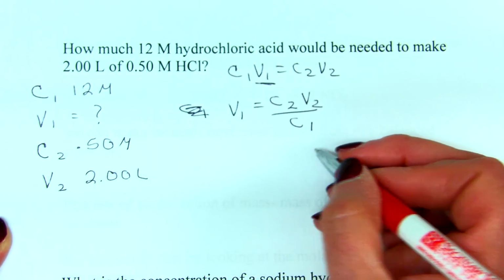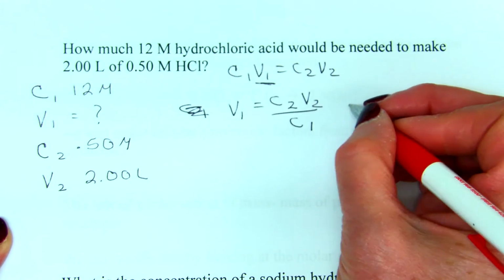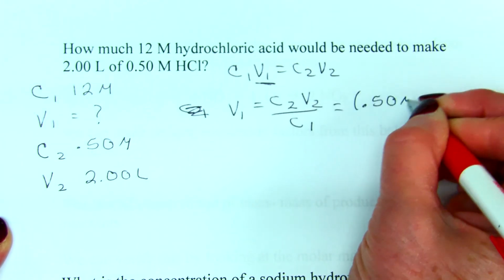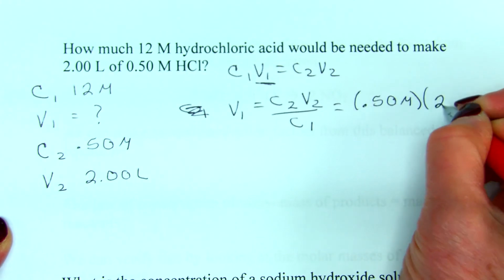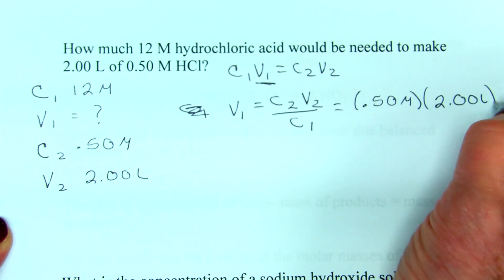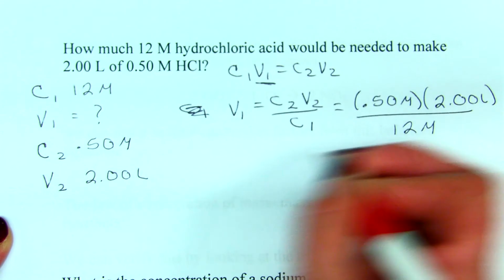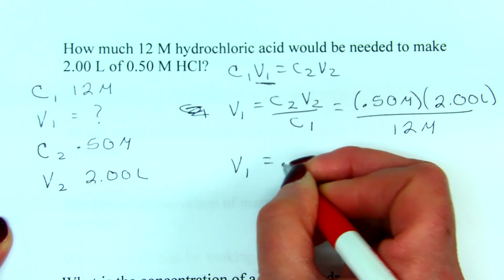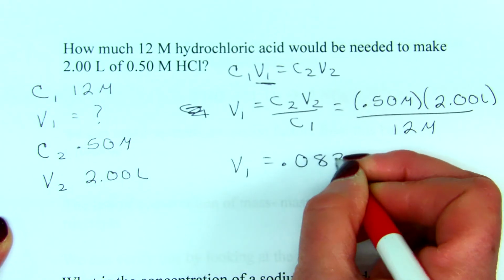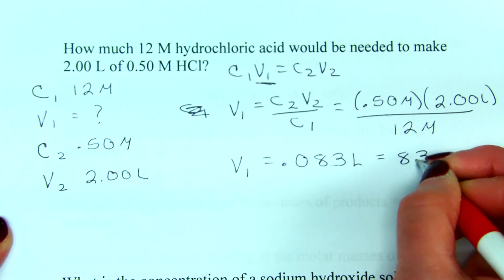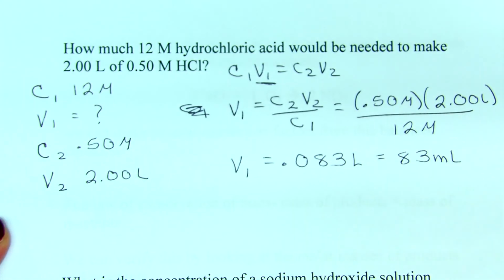So now I'm going to plug these in. My new concentration, 0.50 molar, times my new volume, 2 liters, divided by my original concentration, 12 molar. So I need 0.083 liters, which is 83 milliliters.